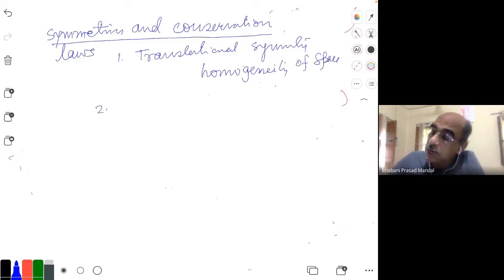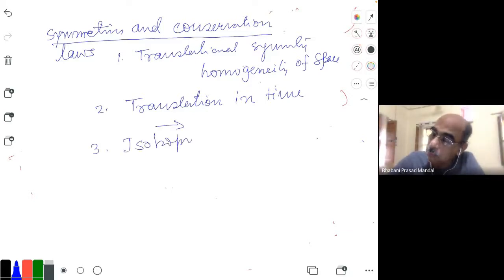Second is translation in time, which is homogeneity in time. Third is isotropy of space, which means rotational invariance.